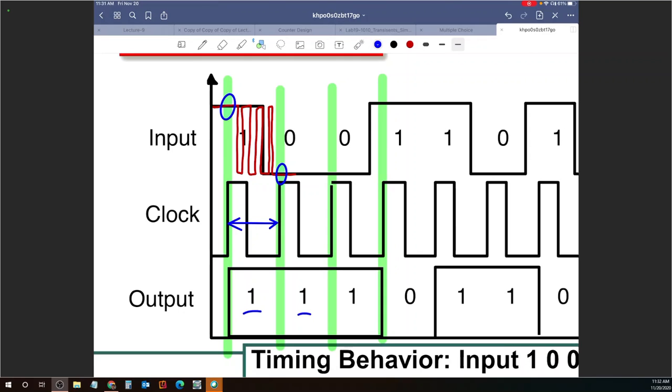It only looks at the input when the positive edge of the clock happens. So this finite state machine is going to do our odd parity check exercise, but it is going to be monitoring the input bit stream coming in only at the positive edge of the clock. You guys see that?